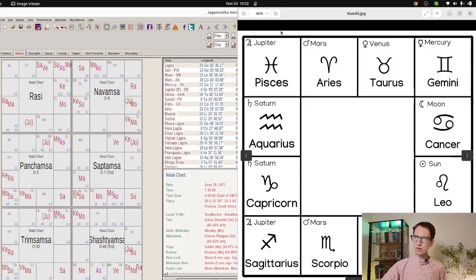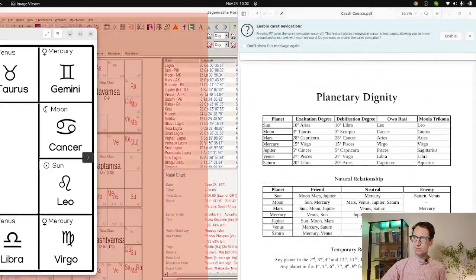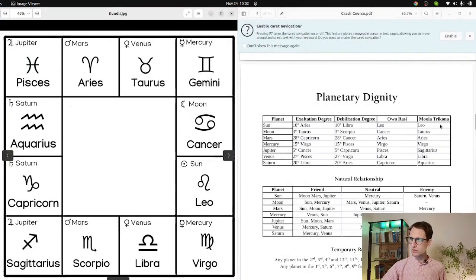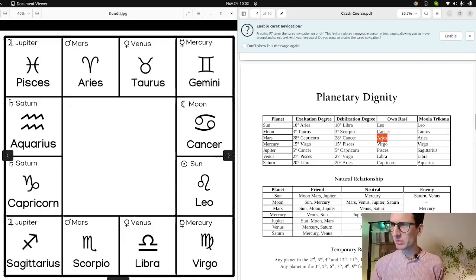So Gemini and Virgo are ruled by Mercury. You can see here Mercury has own house Virgo and Mula Trikona Virgo. Anyway, Gemini is not mentioned, but actually Gemini is also own house. I will fix this table before you download it. Then Venus, we have Taurus and Libra.